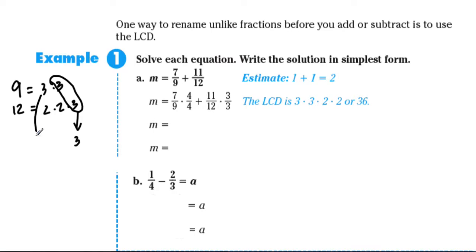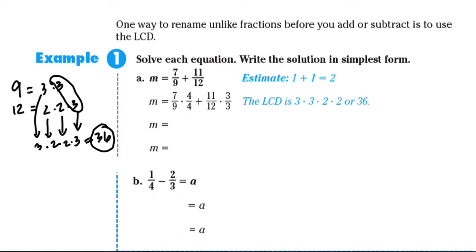So that would be 3, bring down the 2, and bring down the other 2. So the LCD of 7/9 and 11/12 will be equal to 36. We will use this number as our denominator.